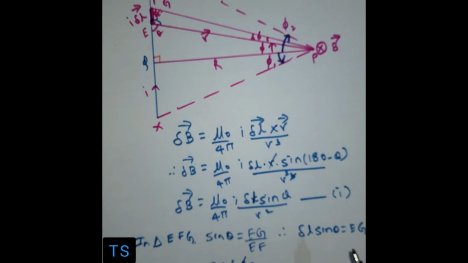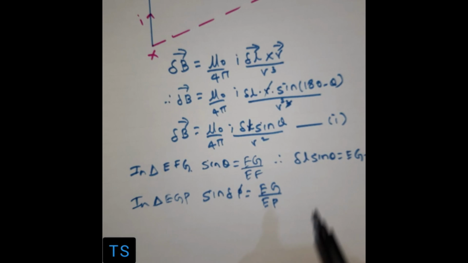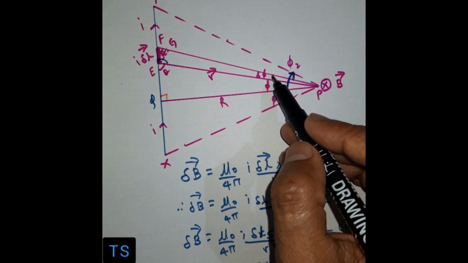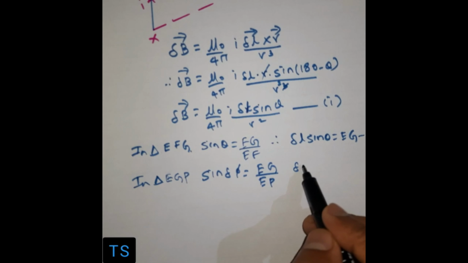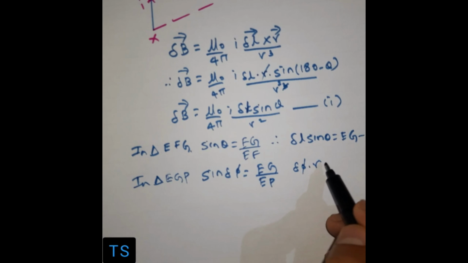EP is R. Since this angle delta phi is very small, and if it is measured in radians, I can write sine delta phi as nothing else but delta phi, so delta phi into EP, which is R, equals EG. This is my equation number 3.